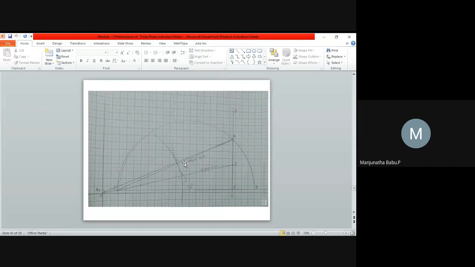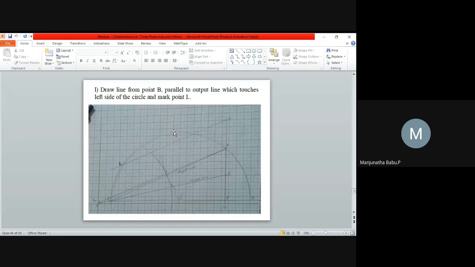Move a parallel line from the output line, as shown in the figure below. Like this, draw a parallel line to the output line and mark L on the left side of the circle.